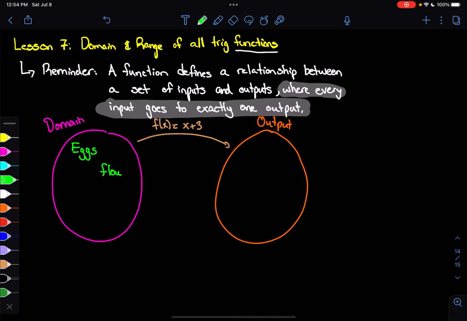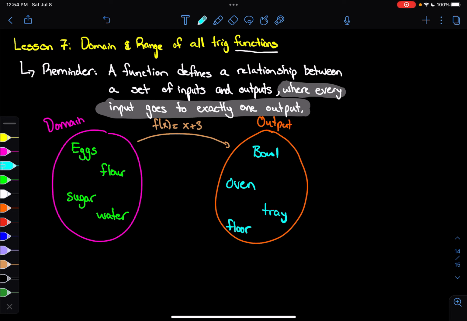Eggs, flour, sugar, water, whatever it is we need to make a cake. And let's say that in our outputs we have a bowl, we have the oven, we have a tray, we have the floor. Different places where our ingredients could end up.